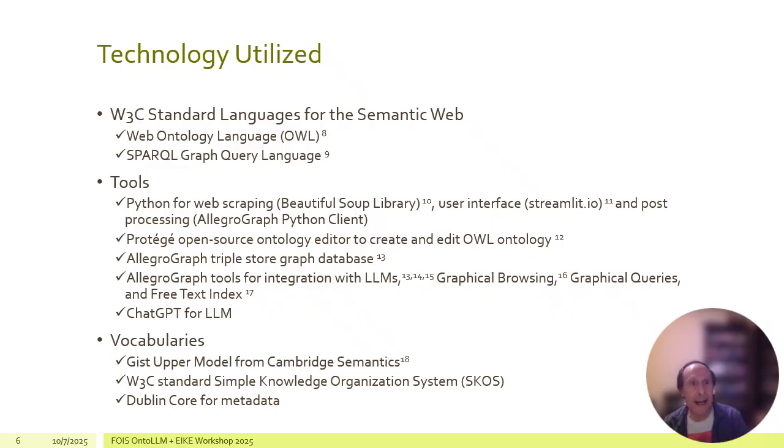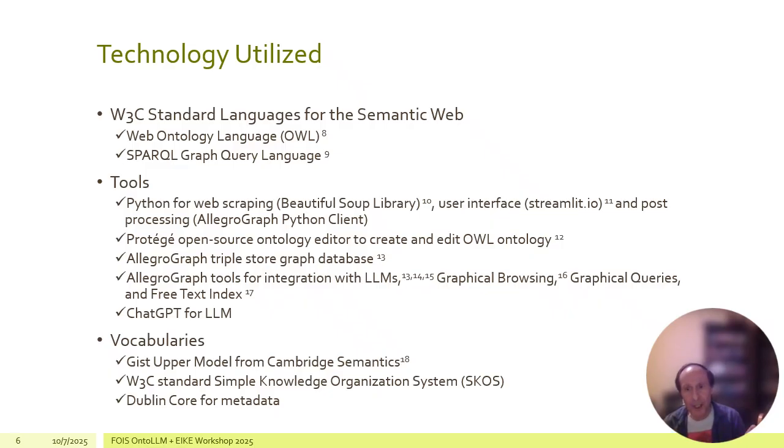So first of all, the technology that we utilized. To begin with, we used the W3C standard languages for the semantic web, the Web Ontology Language, OWL, RDF and RDFS for the graph, the SPARQL query language for doing queries. For our tools, we used Python as our programming language.